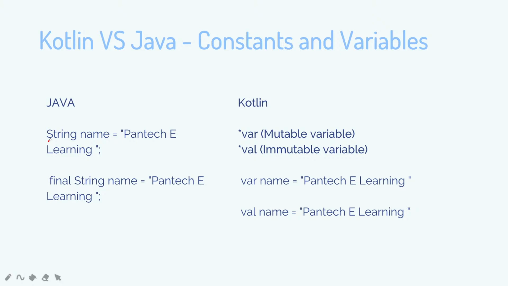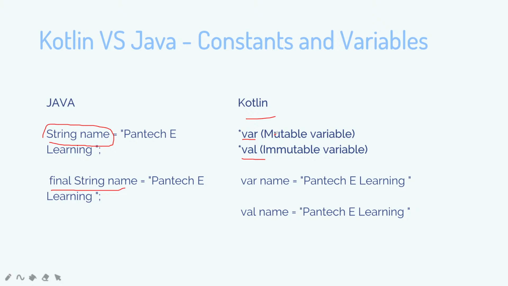And here we have constant and variable. How can we declare a variable and a constant? Here I am declaring variables: string name is equal to PANTECH line, and final string name is equal to PANTECH line. I am declaring two times, with string name and final string name. But in Kotlin, we need to use var or val.